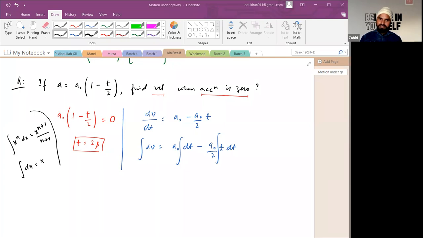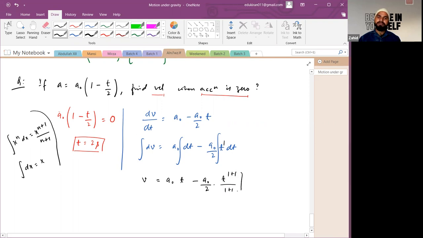On simplifying it further, dv will become v is equals to a naught, dt will become t, minus a naught by 2, t dt having exponent 1. So using above formula, you will get t raised to 1 plus 1 divided by 1 plus 1. So it will be a naught into t minus a naught by 2, and this will become t square by 2.